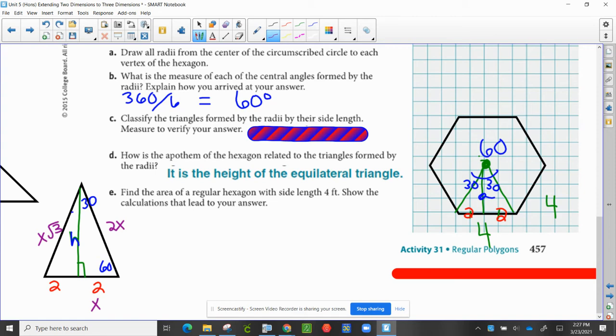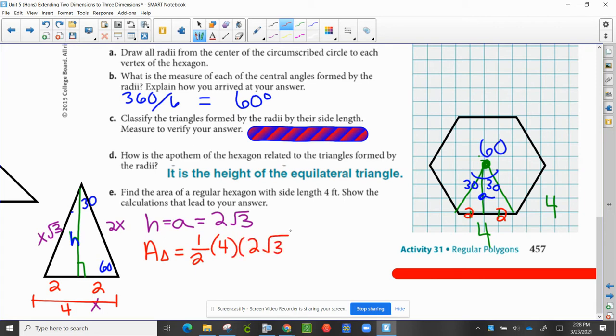Since this short leg is 2, I know my height, which is my apothem, is 2 root 3. Well, if I find the area of this triangle, the area is 1/2 times the base. Remember, the whole base of this triangle was 4. So 1/2 of 4, times 2√3.